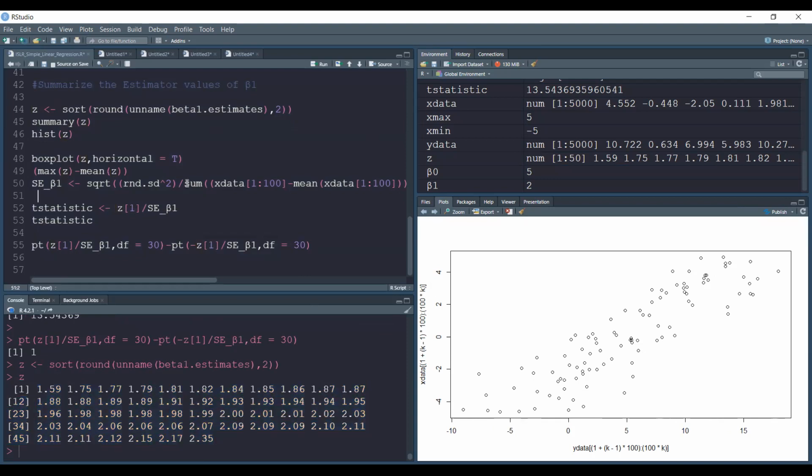And then you can calculate the standard error within these estimates. And what had I done? Let's see. We had this is the formula in the book.